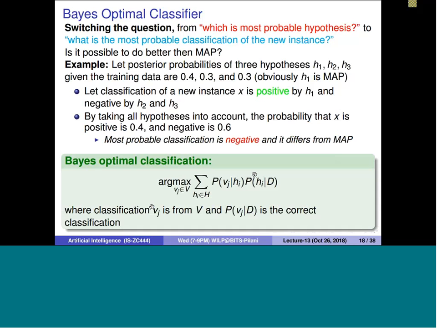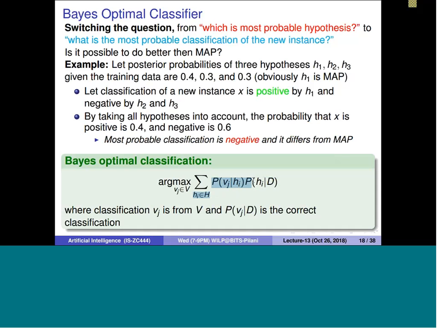So if I use this kind of classification approach, for every hypothesis in the space I see what the probability of that particular hypothesis is. Then I multiply this with the probability of the classification, that is, what probability this hypothesis gives to this item belonging to a particular category.